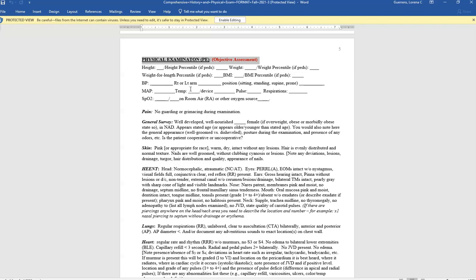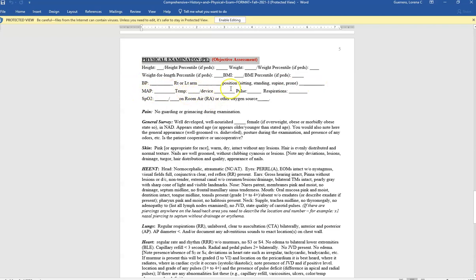The nursing note is a little bit more truncated, simpler and to the point, okay? Do know there are a few things here that I need you to know. Number one, objective information starts here with height, weight, BMI, blood pressure. You need to tell me what arm it was taken on, how they were sitting or laying, and calculate the MAP, that mean arterial pressure.